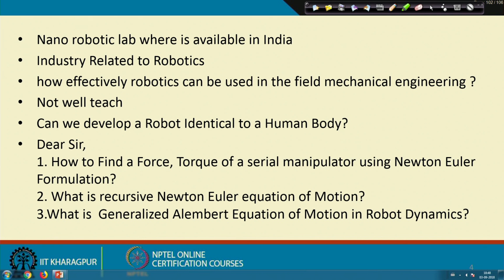There are other formulations also; for example, Newton Euler is another very popular formulation for dynamics, that is, how to find out the joint torque or the joint force. Let me tell you something regarding the Newton Euler formulation, and the reason behind going for Lagrange Euler in place of Newton Euler.